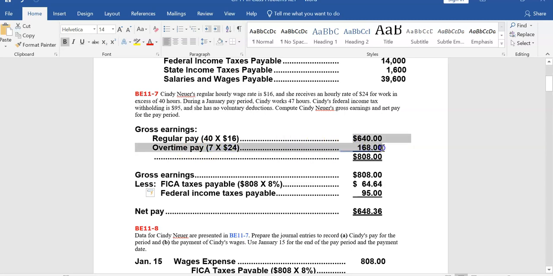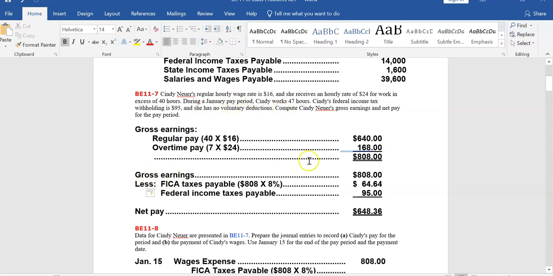She will get overtime pay of 168, total gross pay of 808. Her federal income tax withholding is 95, no voluntary deductions, and FICA tax is being withheld at 8%.